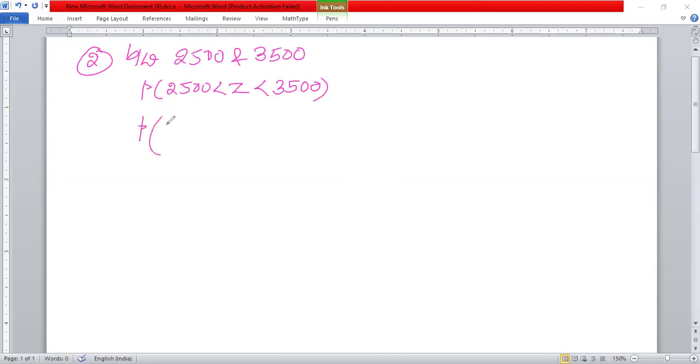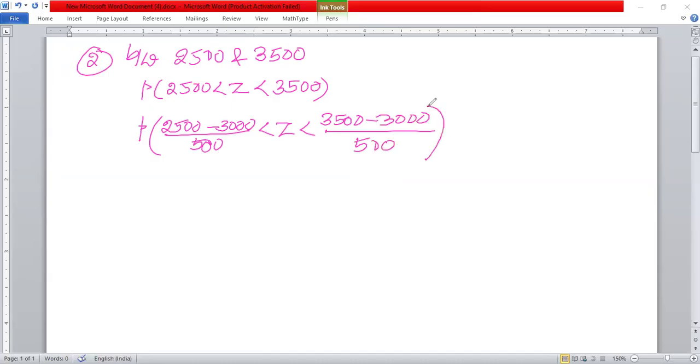Now the x value: 2,500 minus 3,000 divided by 500, less than z less than 3,500 minus 3,000 divided by 500. So minus 500 divided by 500 is minus 1, less than z less than plus 1. So no time, I'm going to write it directly now.